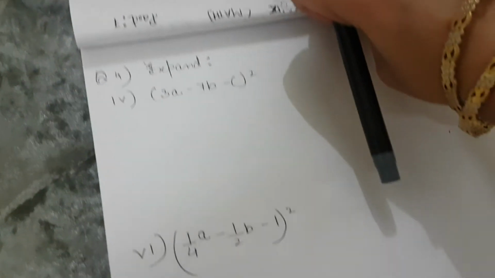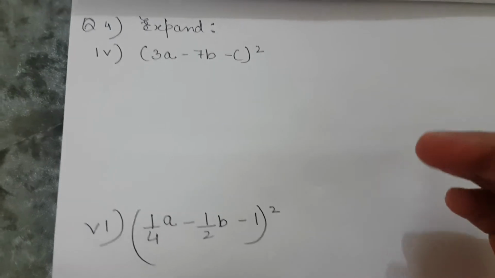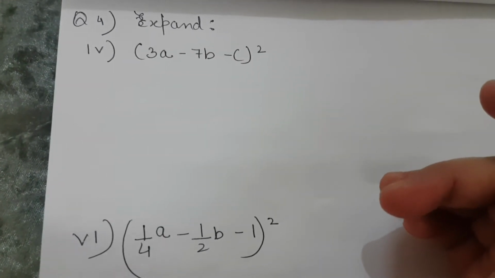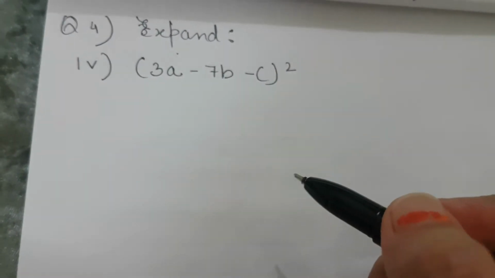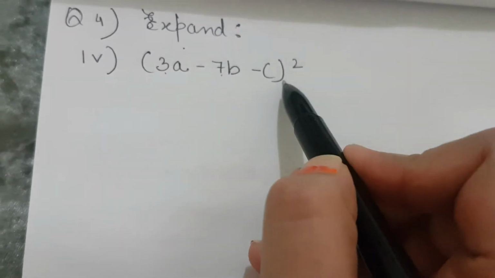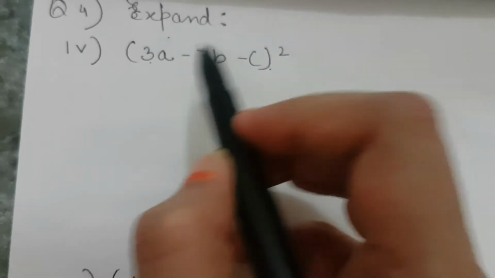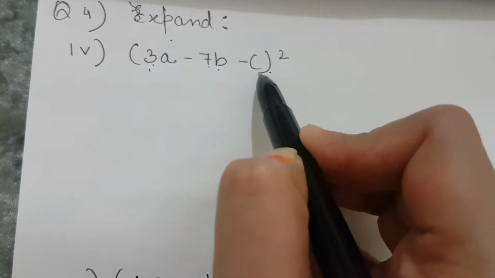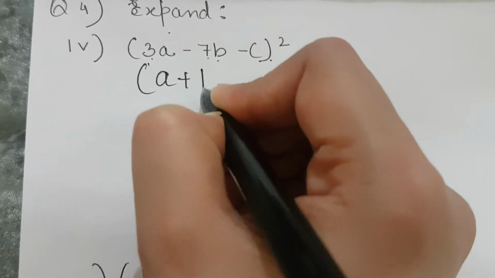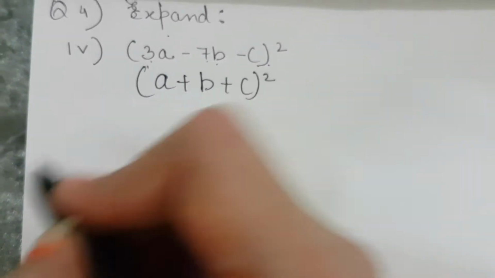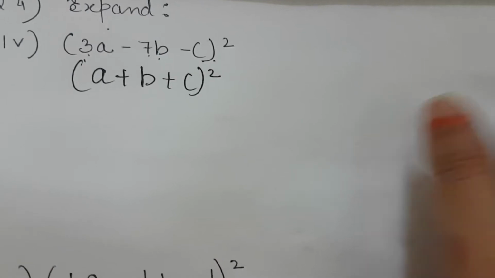I have left the second and third because these two questions are not related to the expansion of identities. So again the fourth question is expand. So what are you observing here, which identity we will use? In this we have 3 terms, and for 3 terms we have only one identity, (a plus b plus c) whole square, which I told you in my previous video.